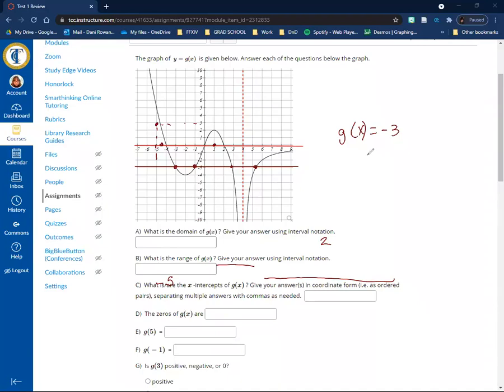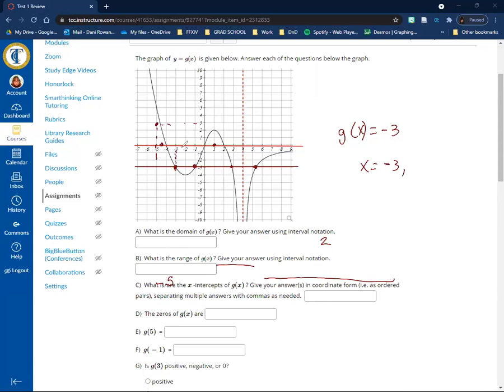Do you want to put the u after the first 3, or just list them all? You'd list every single point, the x value. Is it points or ordered pairs? Well, again, we're talking about x values. It says for what x value does g of x equal -3? So you're giving the x value.